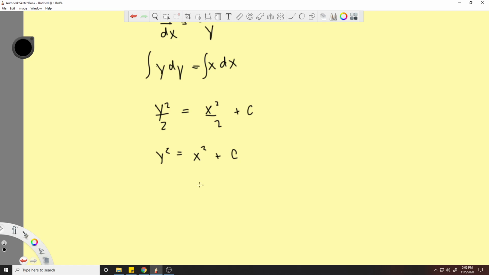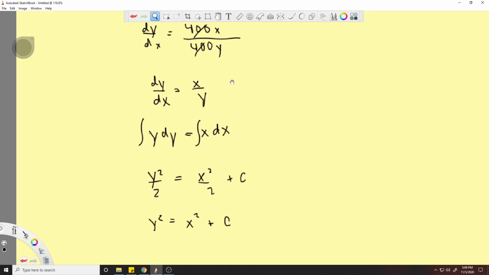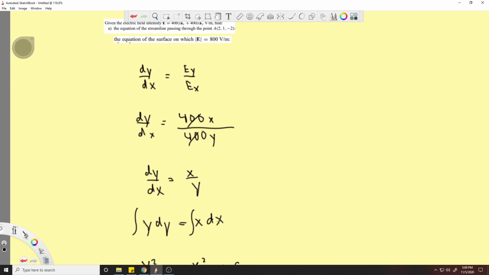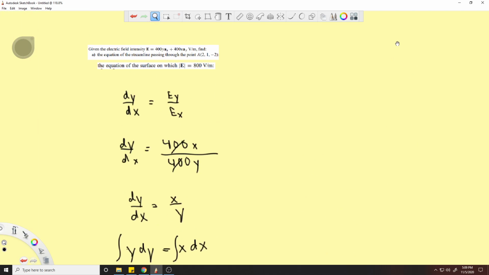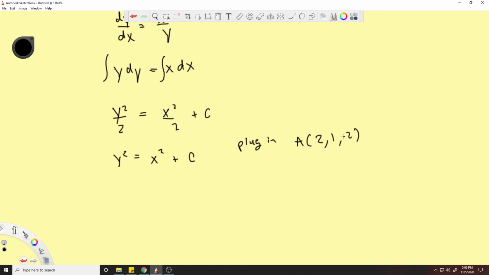Anyway, we now plug in our x and y values, which are 2 and 1. I'm getting that from here. So I'll plug in A, which is (2, 1, -2). That z really doesn't matter anyway.